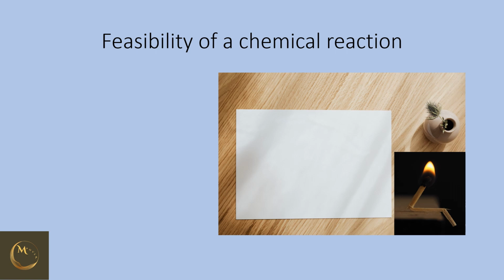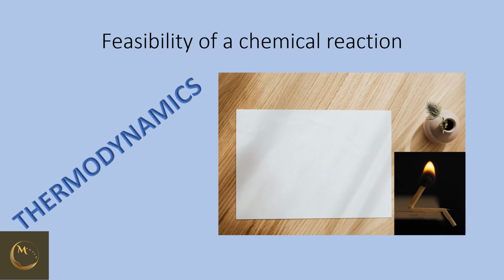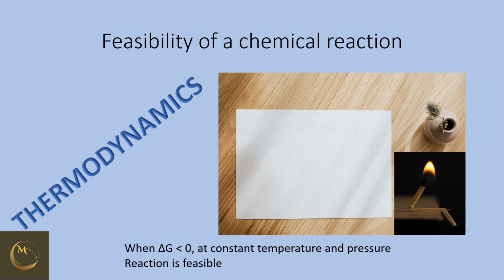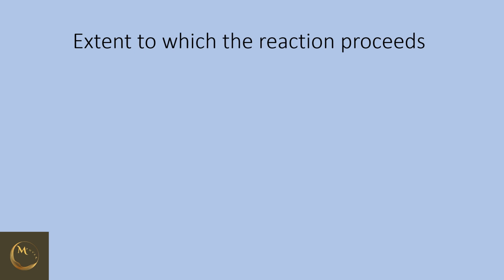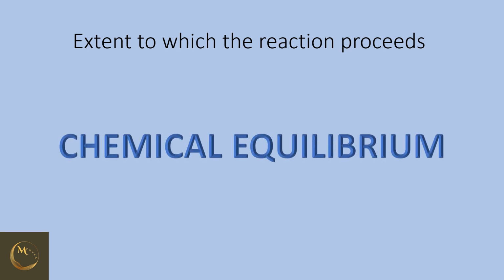Now, whether the reaction is a possibility or not can be predicted by thermodynamics. And you all know that when delta G is less than 0, at constant temperature and pressure, then the reaction is feasible.